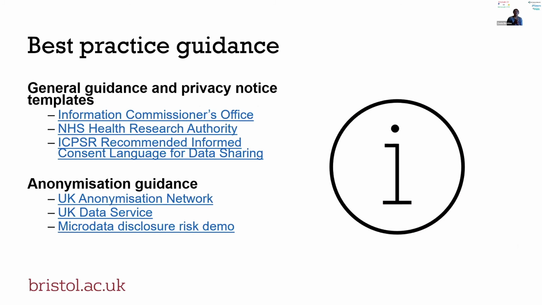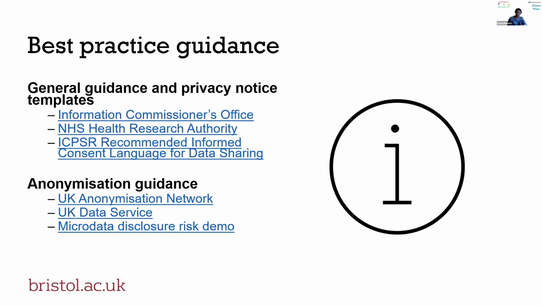Okay, so in terms of best practice guidelines, there are quite a few places to go for support and guidance on these issues. I've just highlighted a couple that I think are the most valuable. So firstly, the Information Commissioner's Office has some really useful, quite plain English guides to GDPR and the Data Protection Act, and also a lot of checklists for what should go into privacy notices and that kind of thing.